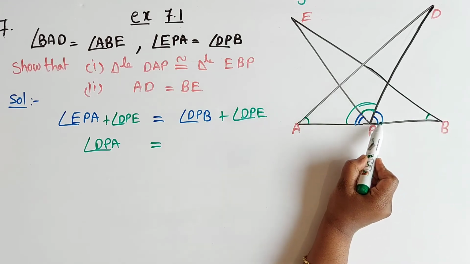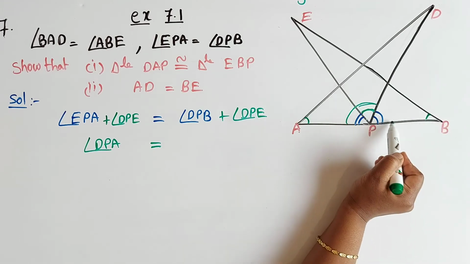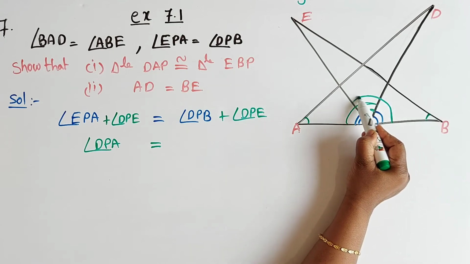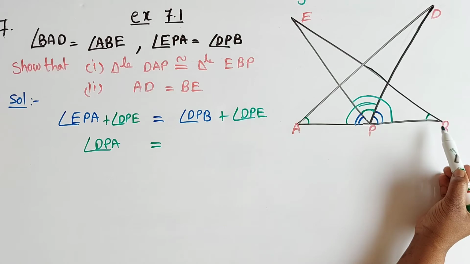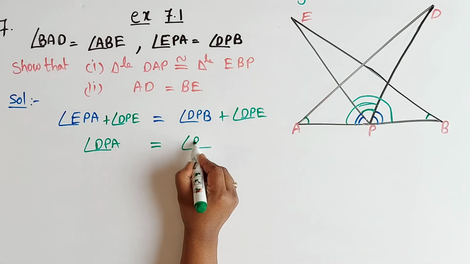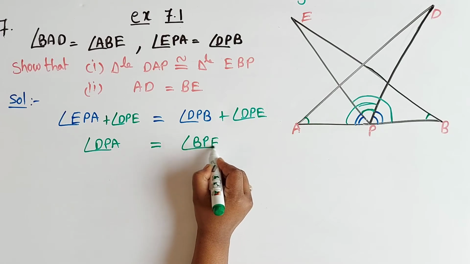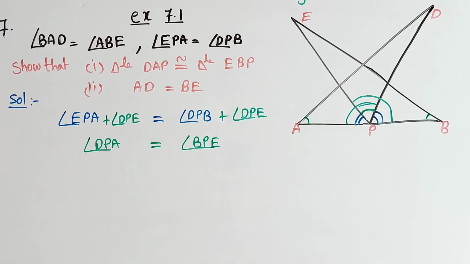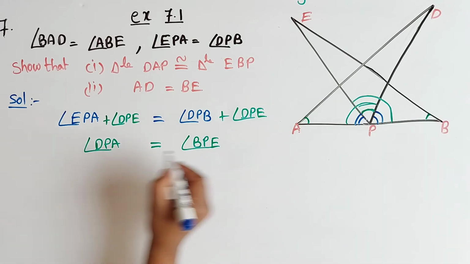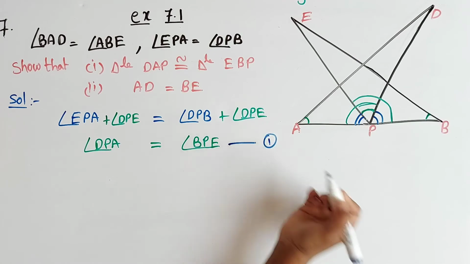That means this portion plus this portion, this full angle. Correct, children? So this will be angle BPE. So here I am writing angle BPE. Now see, children, angle DPA is equal to angle BPE. This is the first one.